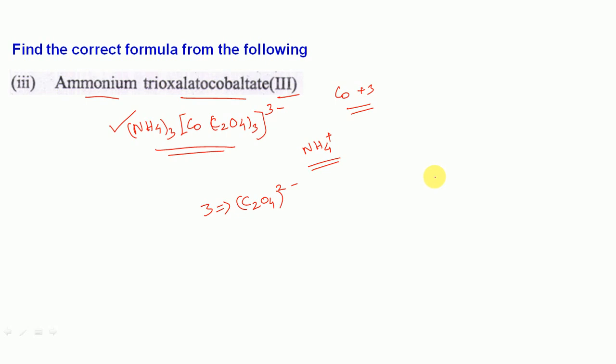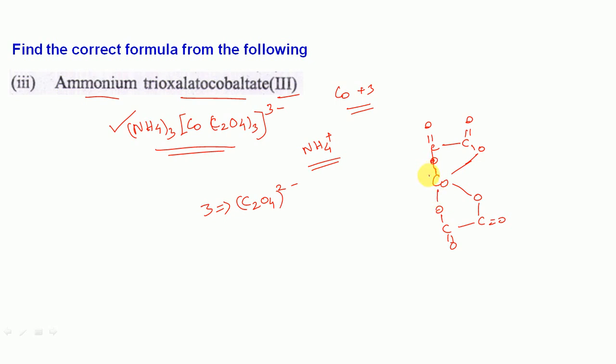So this type of structure we can write: cobalt, with C double bond O, O, and C double bond O, O, like this.